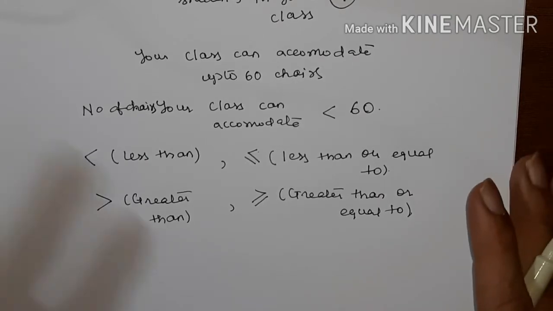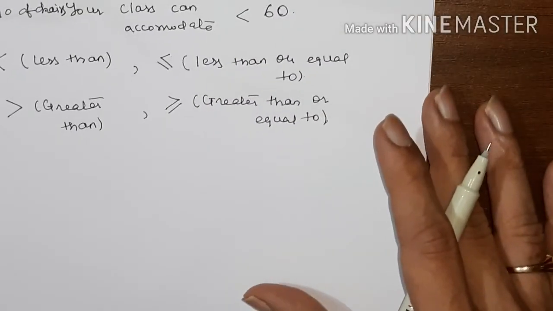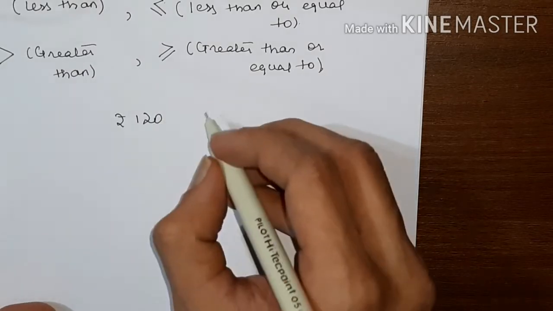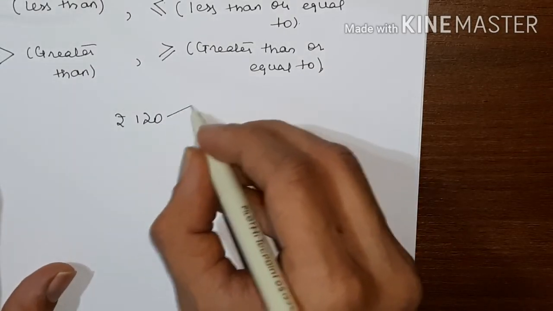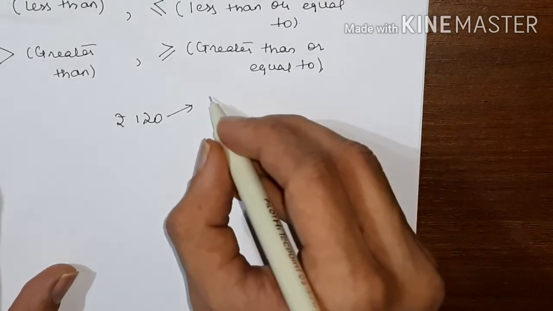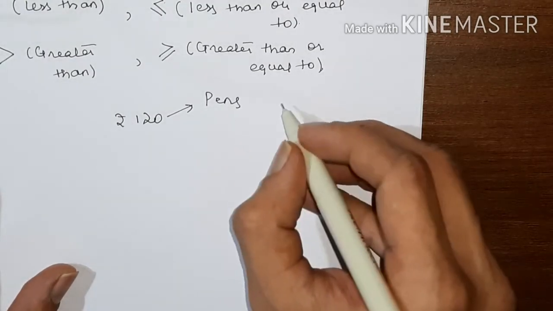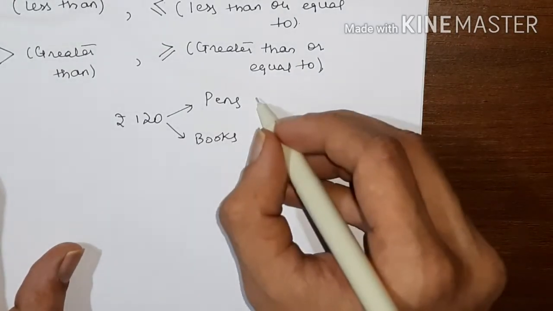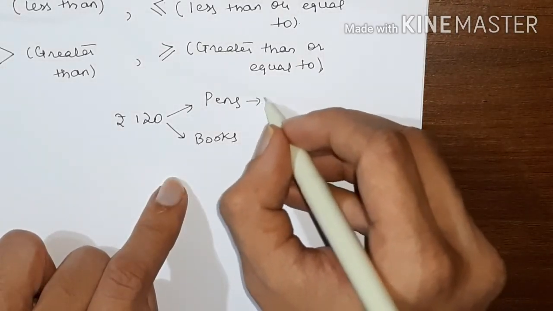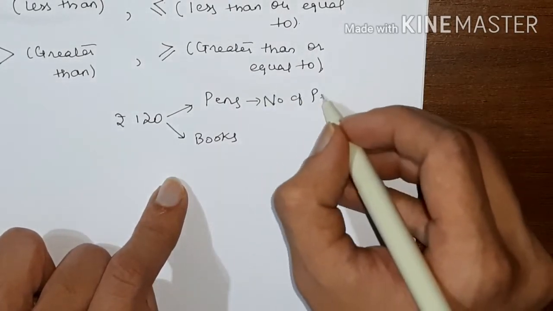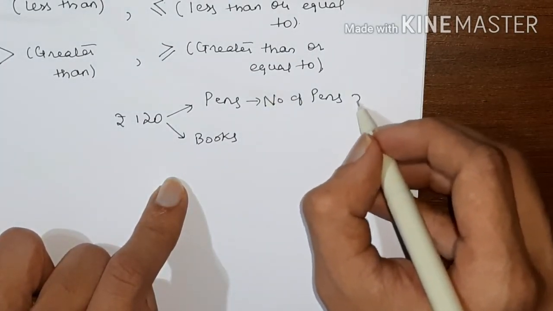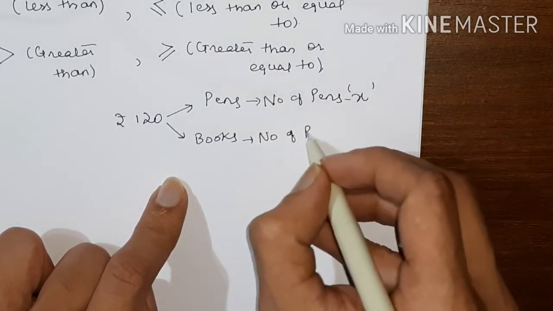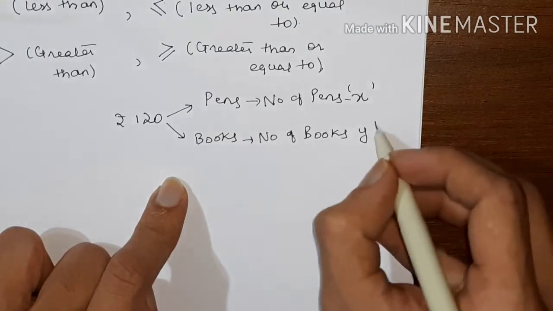Now let us look at one example. Say, for example, you have 120 rupees with you, and you want to buy pens and books. Suppose the number of pens we denote as x, and the number of books we denote as y.